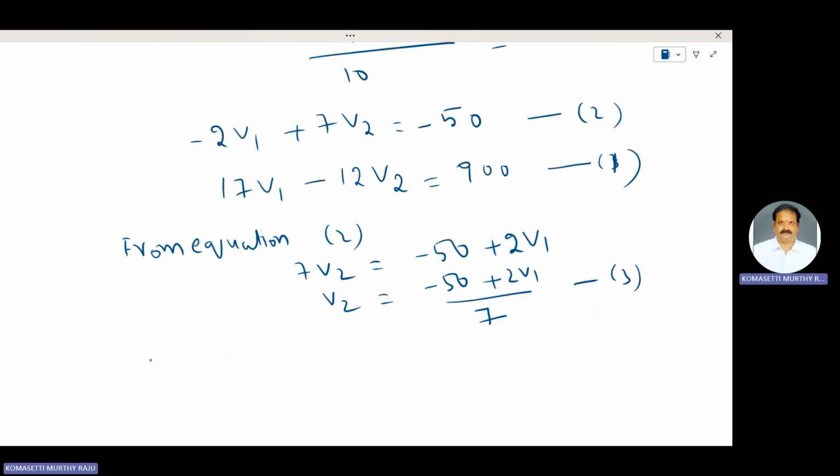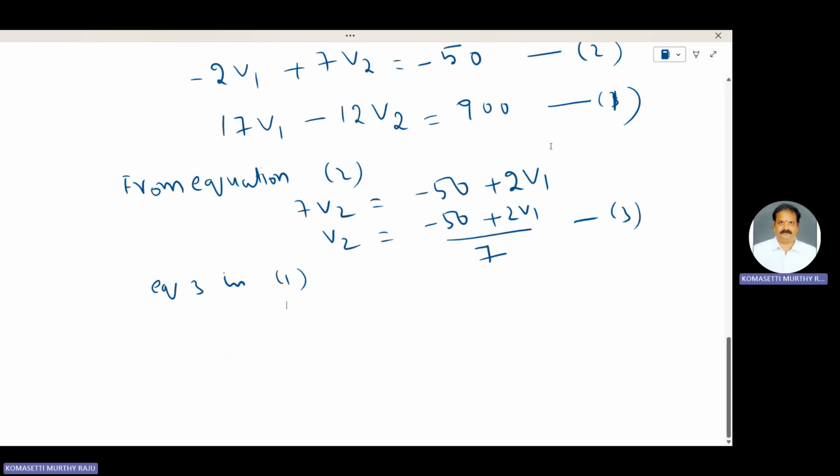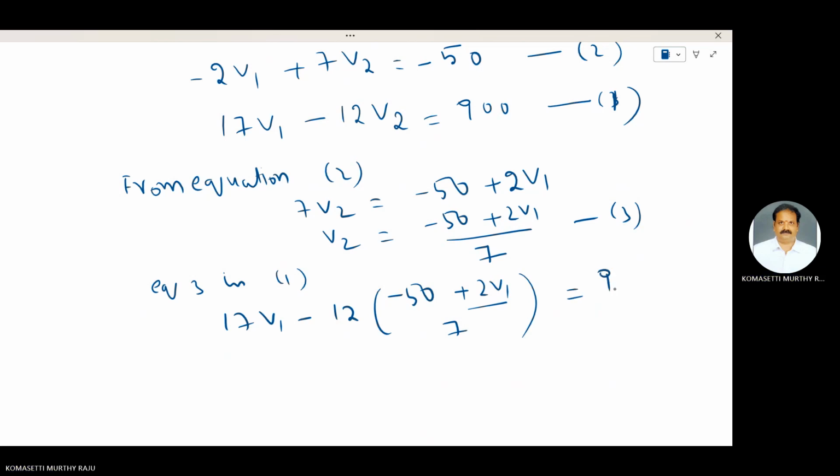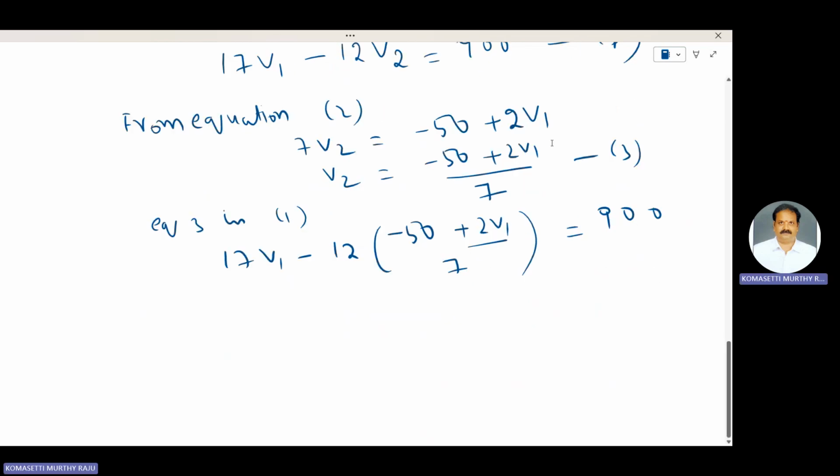Substitute equation 3 in 1: 17 V1 minus 12 times (minus 50 plus 2 V1) by 7 is equal to 900.